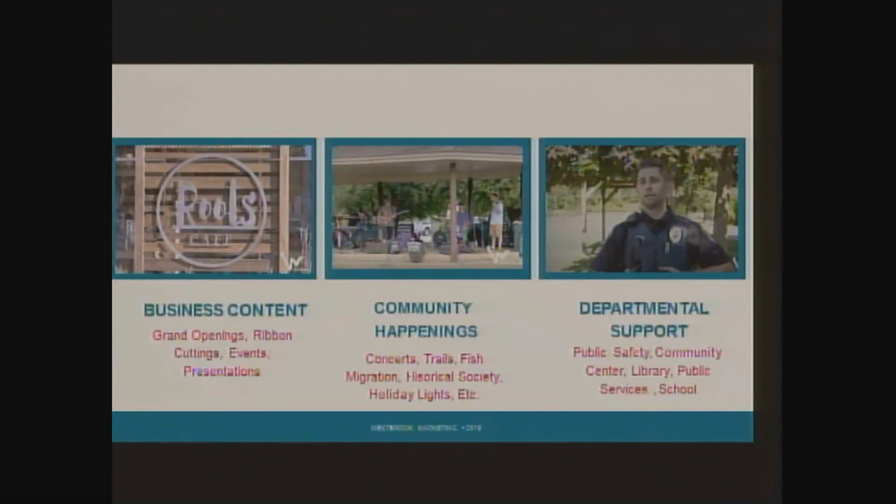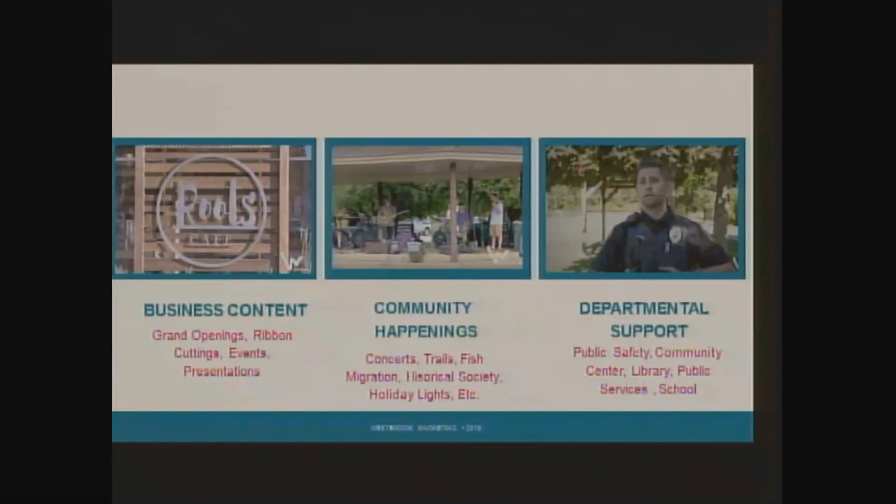Community happenings. We got out there for some concerts. We've been covering the trails. The fish migration was one of the first things we shot with the new equipment. Barry on a monthly basis covers the Historical Society meetings, which are very interesting topics. We post those on the website as well. The holiday lights, those are just some of the examples.